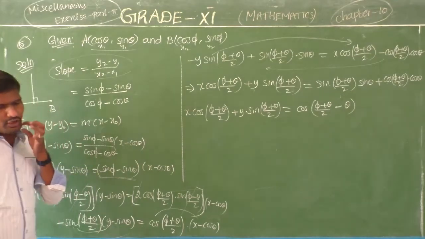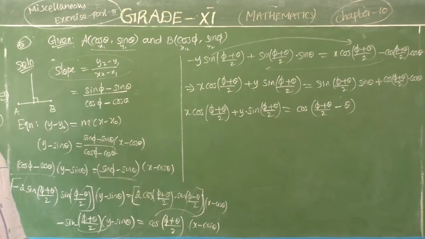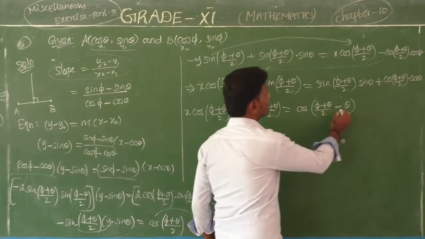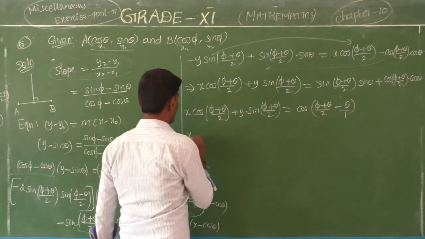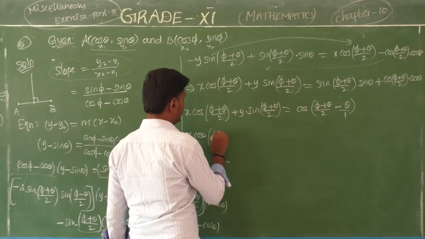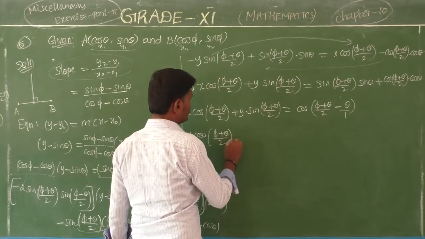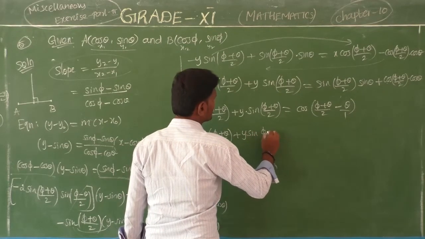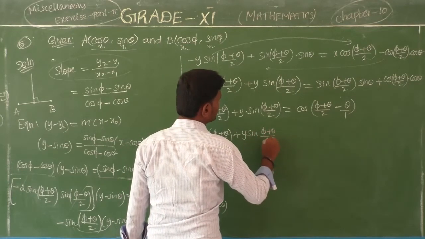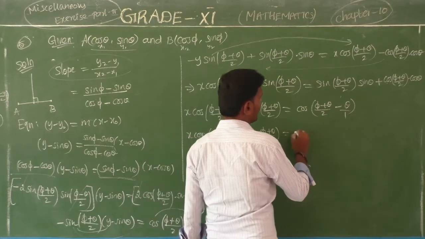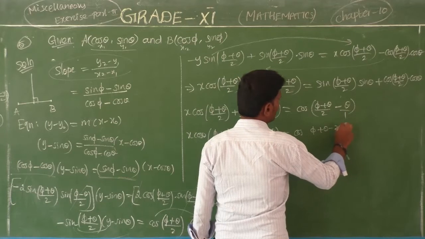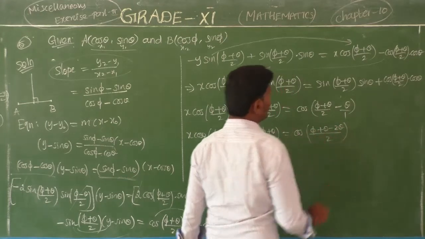So for that I am taking a cross multiplication of that. What will come? To get minus 1. So x into cos of (5 plus theta)/2 plus y into sin of (5 plus theta)/2 is equal to, taking the cross multiplication, (5 plus theta minus 2 theta) the whole divided by 3.